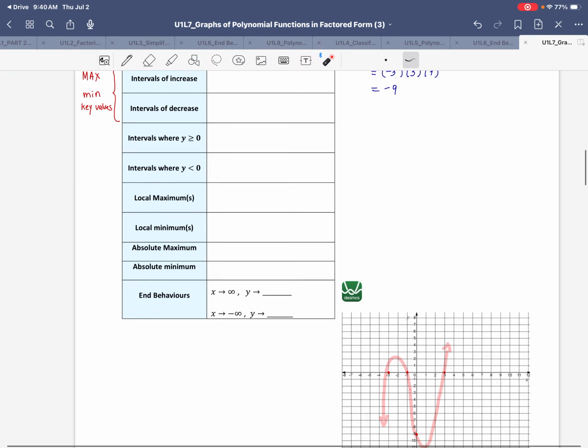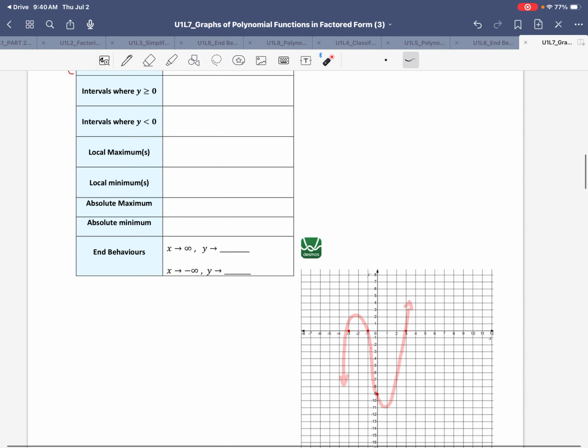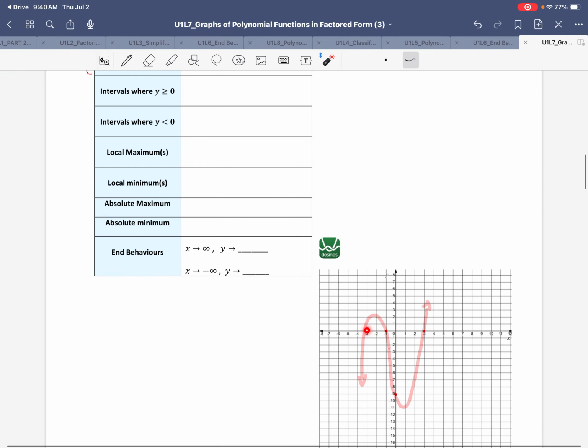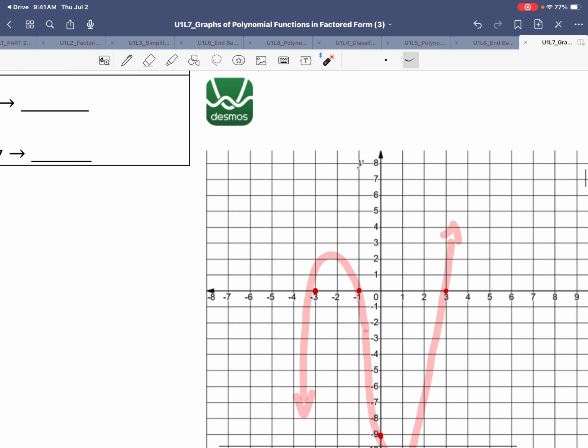So we're going to say that the graph is positive or 0 where it's above the x-axis. The x values for which the graph will have positive y values are between -3 and -1. So we're going to write that down.